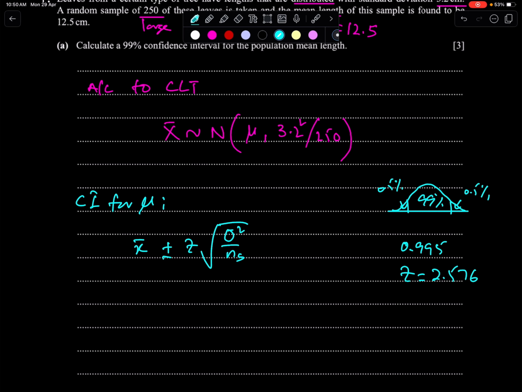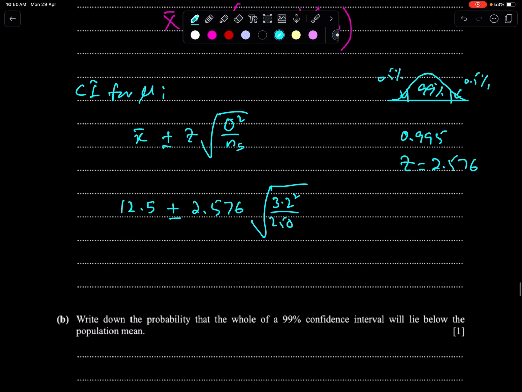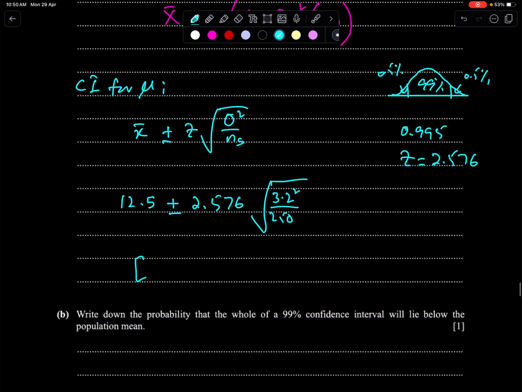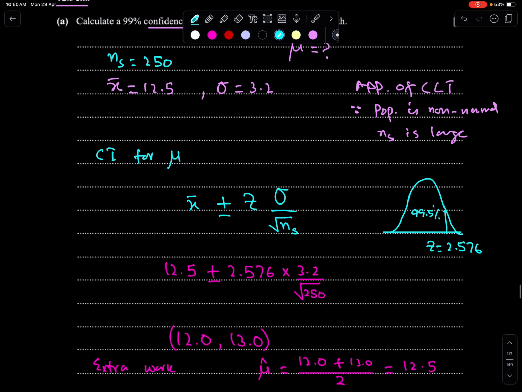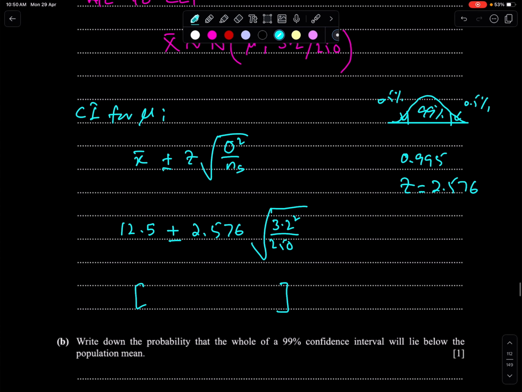Now x bar is 12.5 plus minus z is 2.576, 3.2 square over 250. Write the confidence interval up to 3 significant figures. The answer is 12.0 and 13.0. This is the confidence interval for mu.